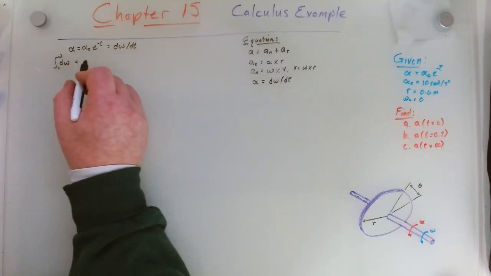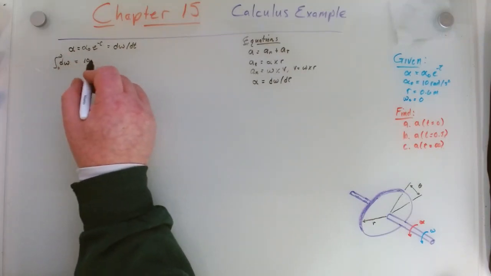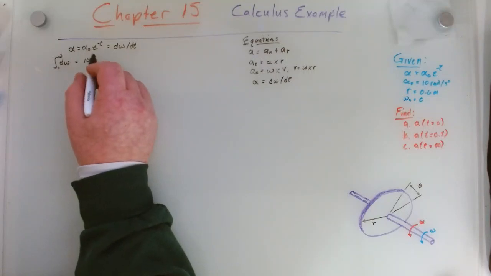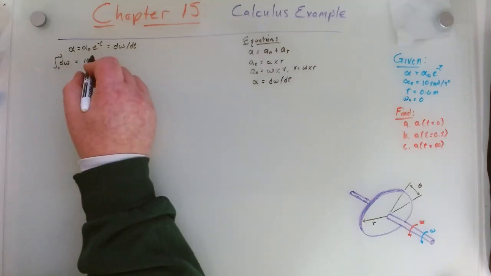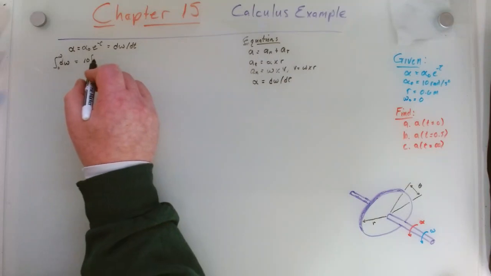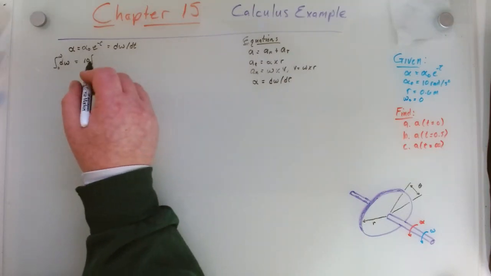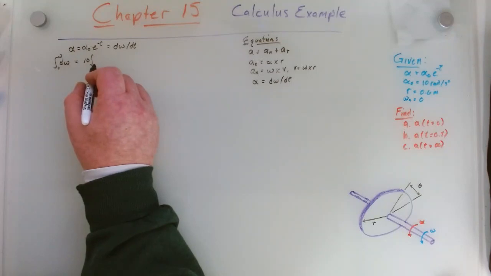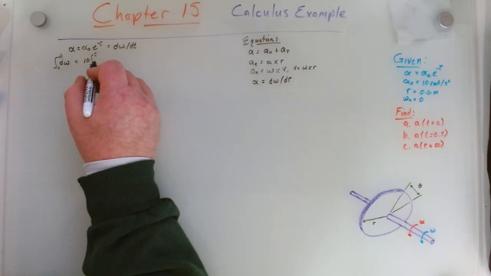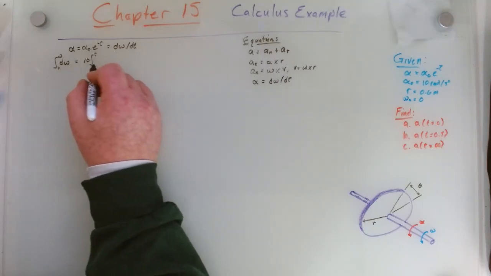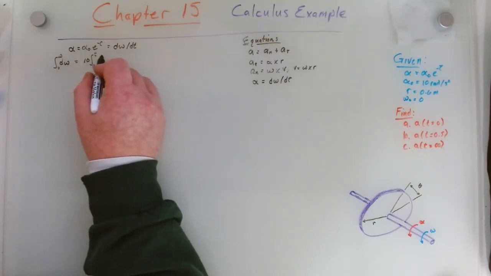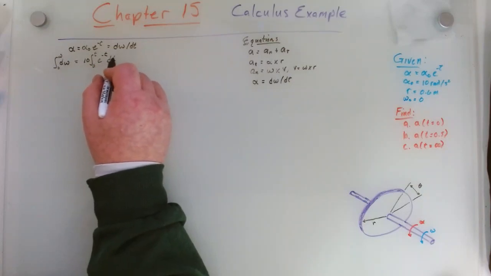That's going to be equal to 10 times e, well, let's see, we're integrating, so integrating from, oh, this is t, so 0 to t. Sorry, for some reason I was thinking it was a. So 0 to t, and that is e to the minus t dt.